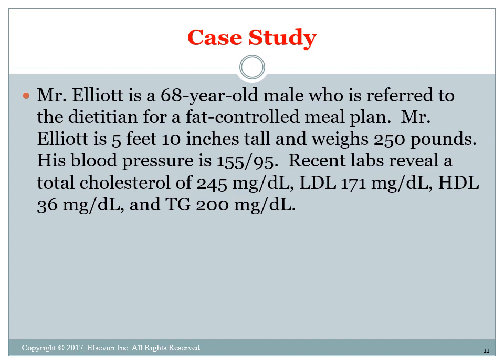So this is the initial information we have for Mr. Elliott. I want you to start thinking about what factors here are relevant for Mr. Elliott to potentially have coronary heart disease. So we're seeing that he is overweight. We're seeing that he's a little advanced in age. He's 68 years old. We're seeing his blood pressure is high. Then we're also seeing some labs.